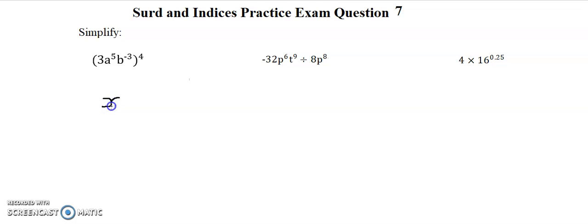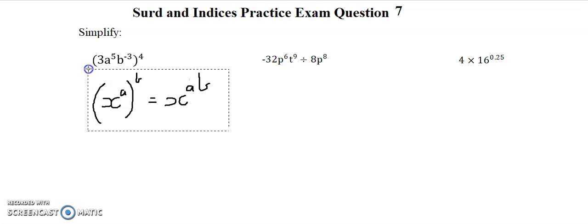x^a in brackets to the power of b, that means that power is related to timesing with your power on x. So for example, let's have a look at this.